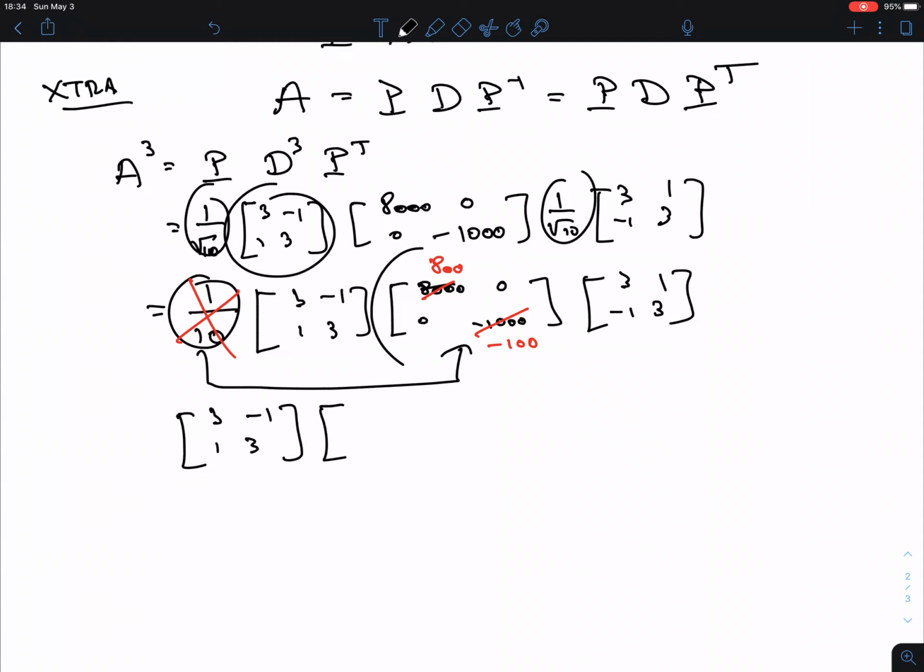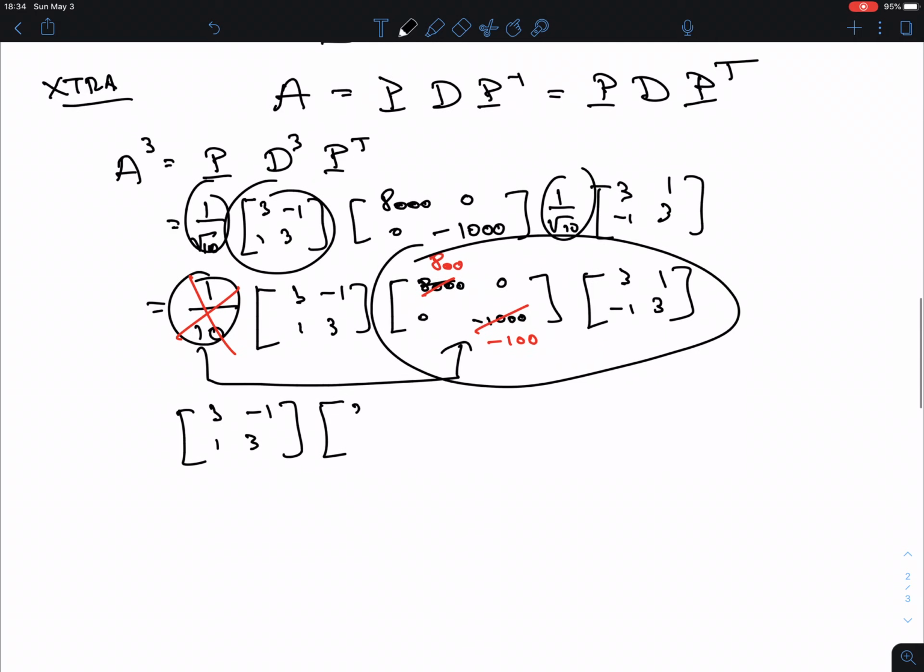Okay, so let's do this one first. We multiply with 800, so that is 2400, 800. And then in the bottom we multiply with minus 100, so that is minus 100, and that is 0, minus 300. Now we have 3 times 2400, that is 7200 minus 100, so 7100.